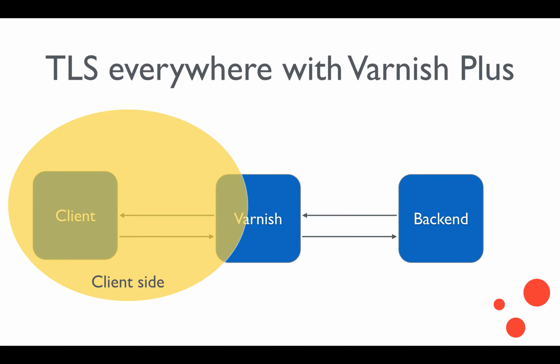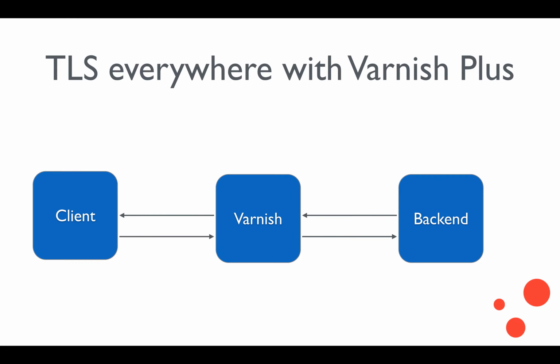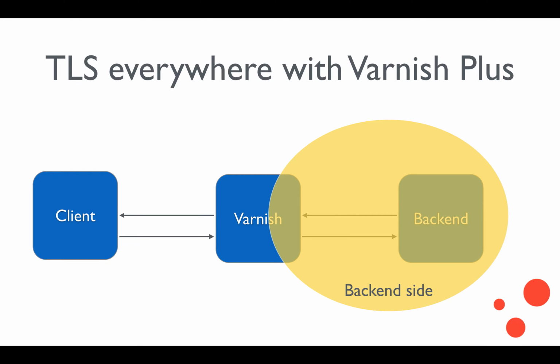But there is also one more place where Varnish talks HTTP where you might want to consider encrypting it, and that's towards the backend. There are basically 2 times where Varnish will talk to your backend.